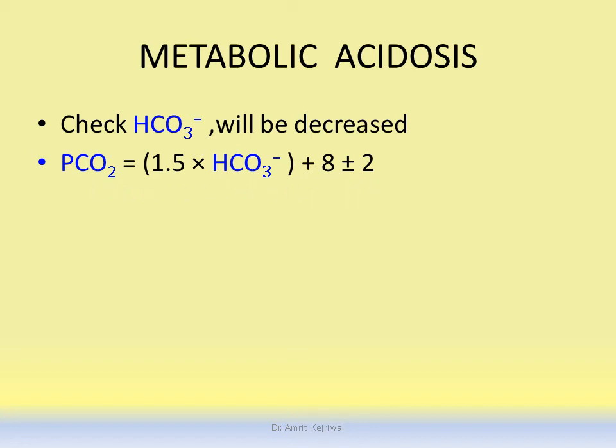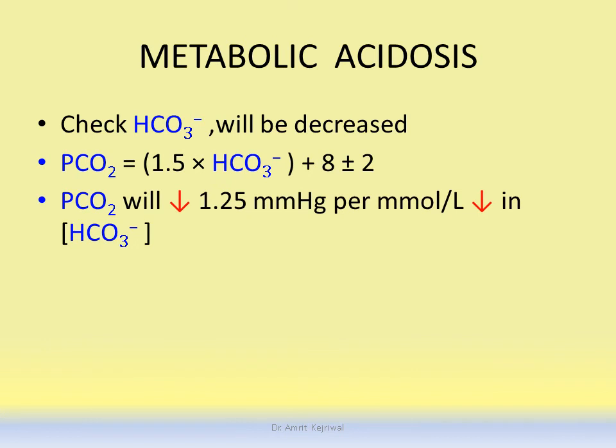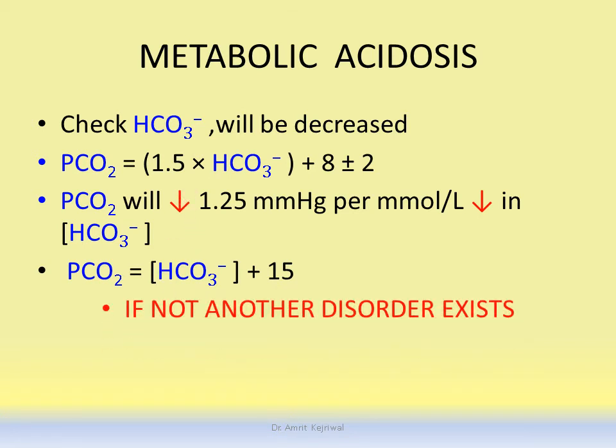If it is equal, then it's properly compensated. Or PCO2 will decrease by 1.25 per millimole decrease in bicarb. Or PCO2 is equal to bicarb plus 15. This is the easiest to remember.